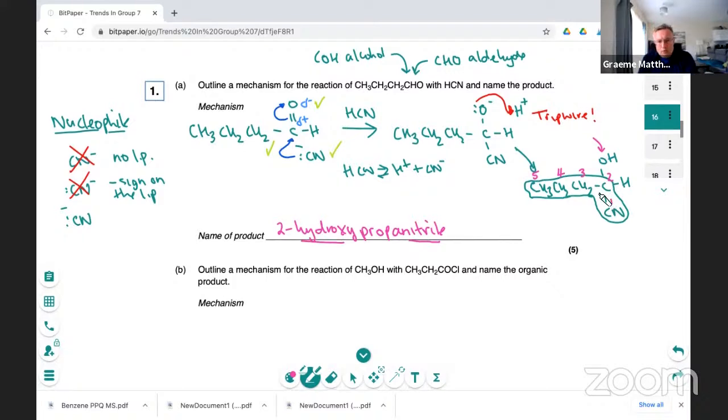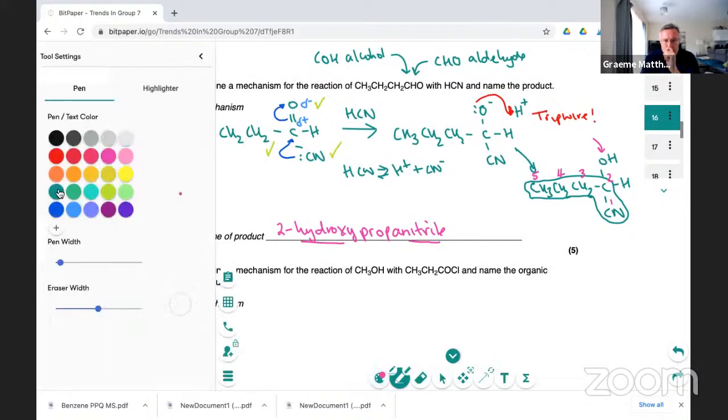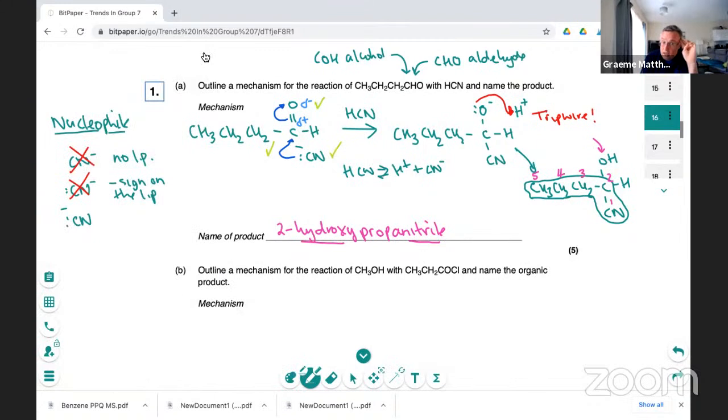Now, on this one then, chemists, let me turn back to this color right here. Outline the mechanism for the reaction of methanol. Now this one here is propanoyl chloride, 1, 2, 3. This is how I teach it.